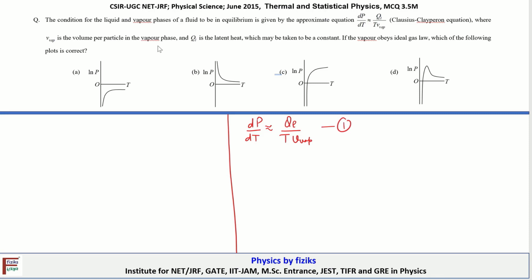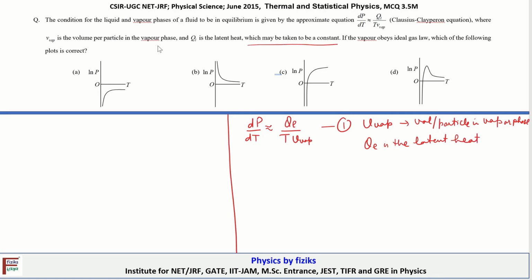Here V vapor is the volume per particle in the vapor phase, and QL is the latent heat, which may be taken to be constant.